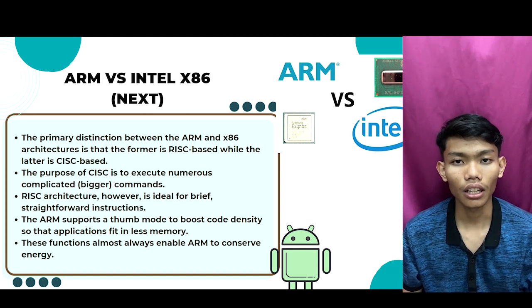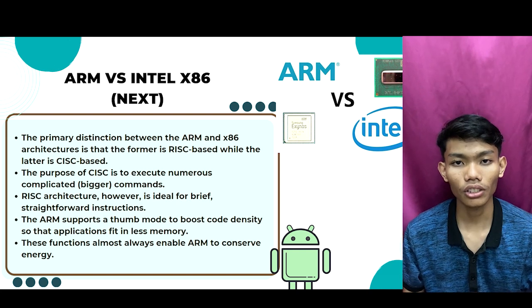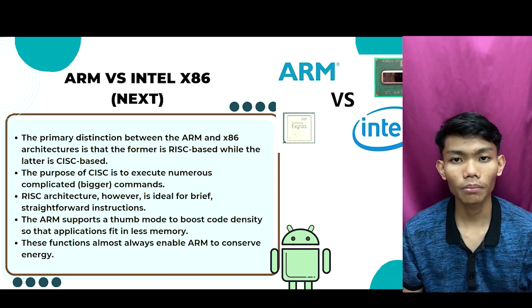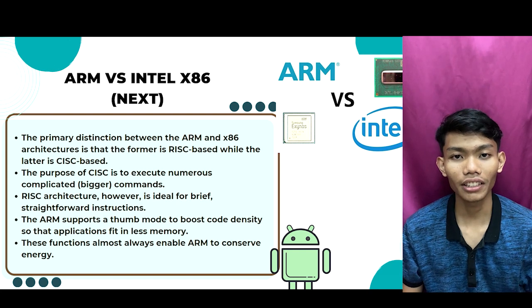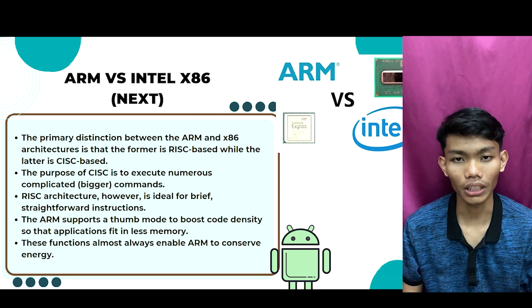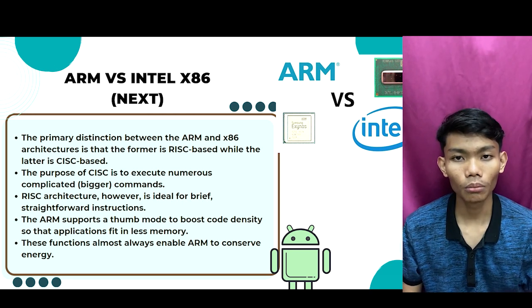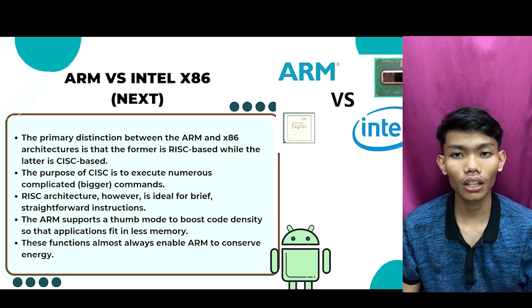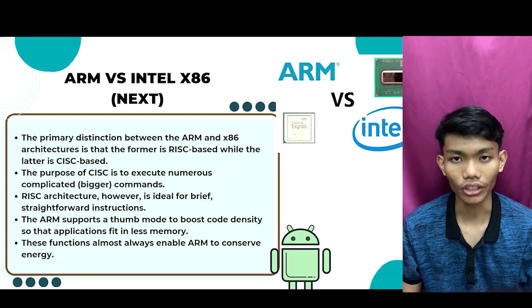RISC architecture, however, is for brief, straightforward instructions. ARM supports a Thumb mode to boost code density so that applications fit in less memory. These functions almost always enable ARM to conserve energy.